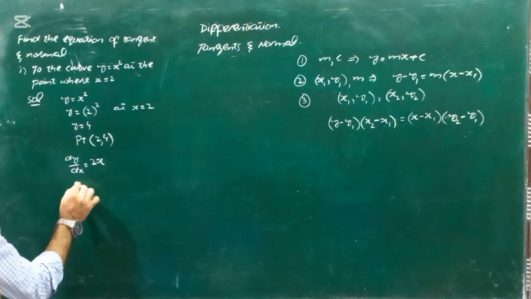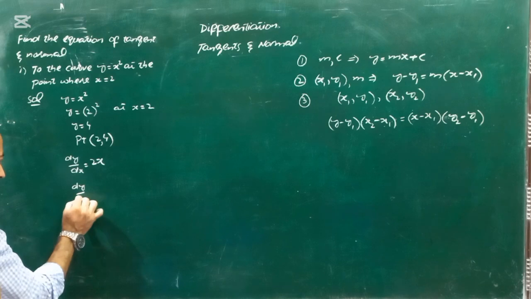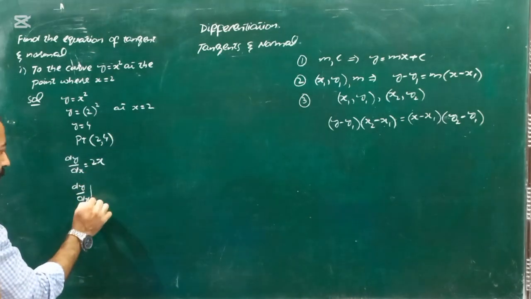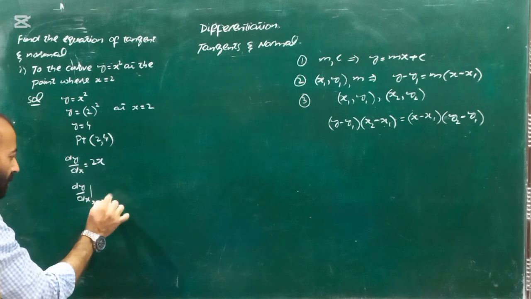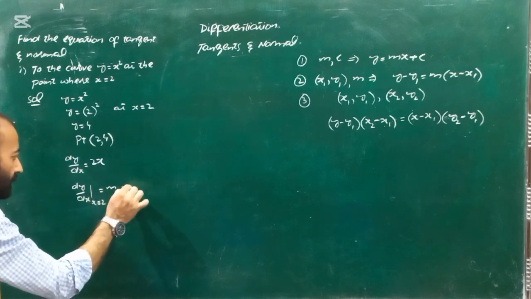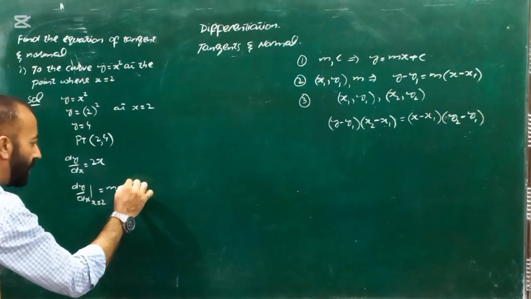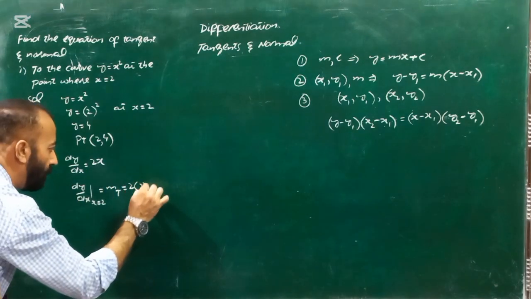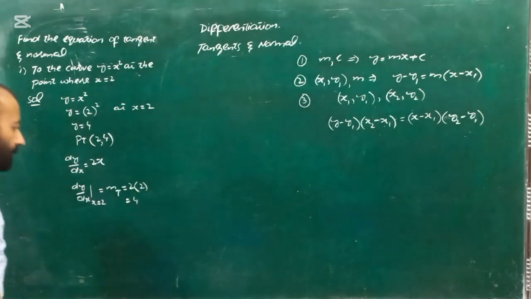Now the gradient at x is equal to 2 will be called the gradient of the tangent. So 2 into, we are going to put x is equal to 2. So 2 into 2 will be 4.